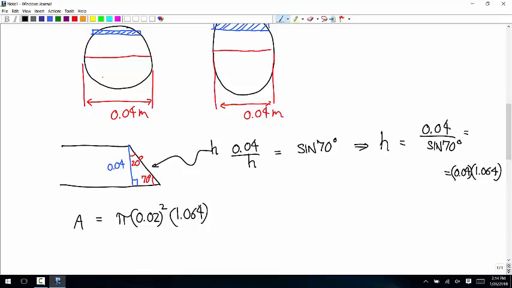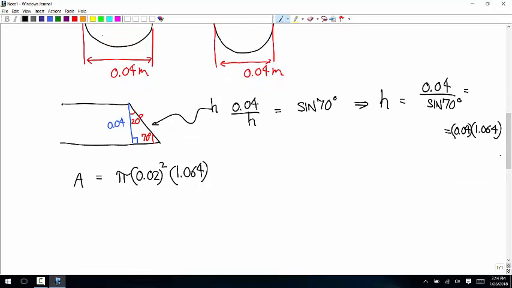And now that you have the area, you can calculate the traction vector as 1 over the area times a vector in the negative x direction of negative 12,000. That gives you the traction vector.